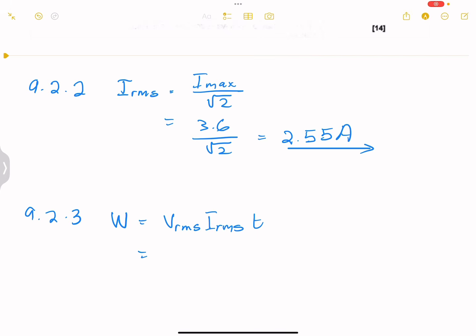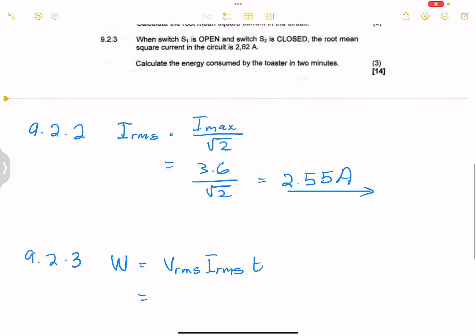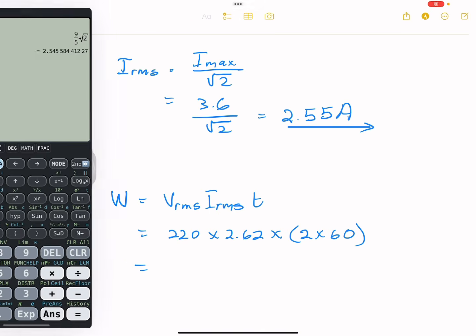Okay, and in this case, what we can simply do is take our current. The voltage is 220. The current is 2.62. And the time is 2 minutes. But remember, that should be in seconds. So we multiply that by 60, right?